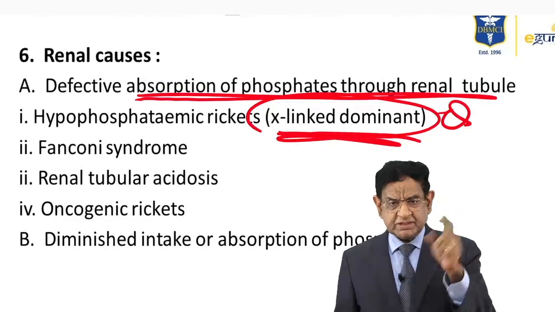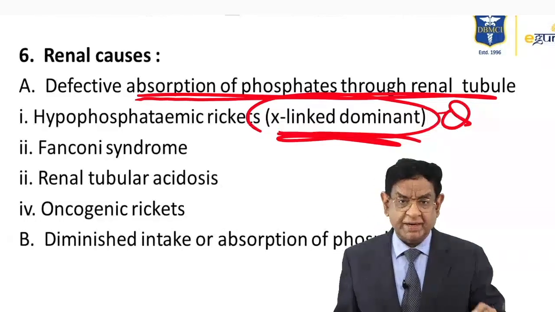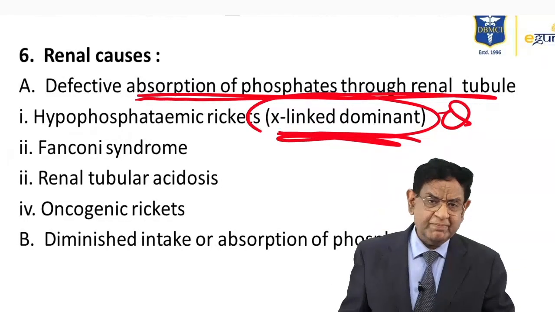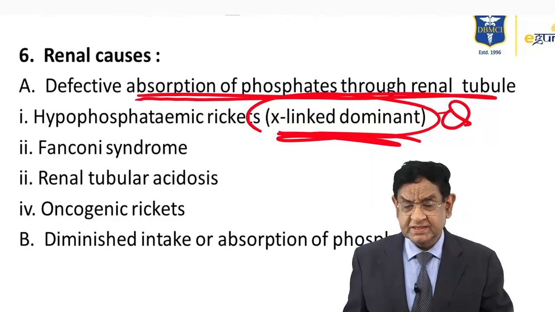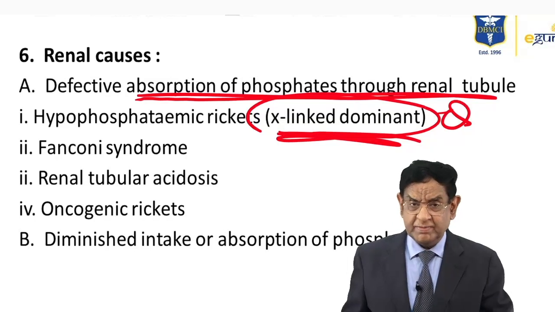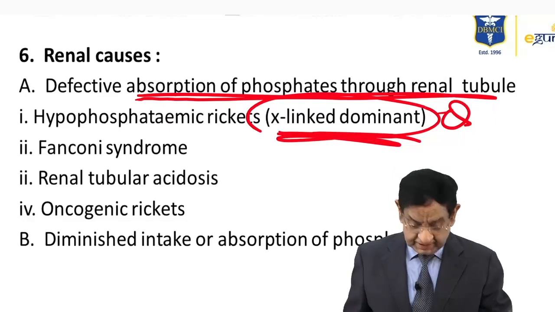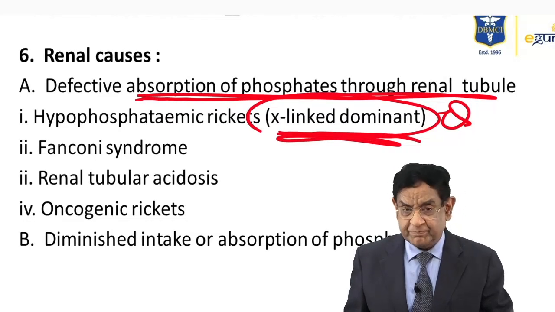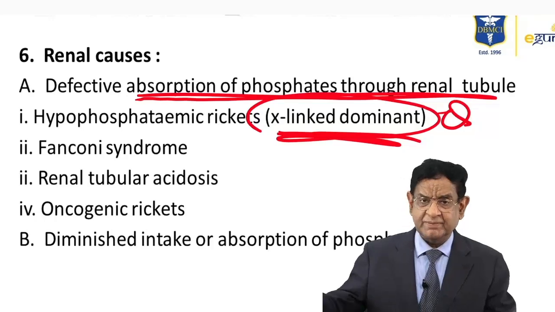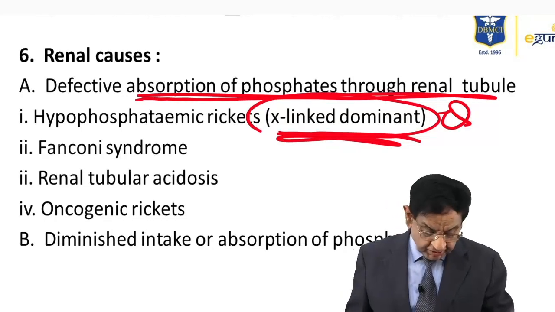As of now, just write down X-linked dominant. We have read about X-linked recessive diseases, but we are talking about X-linked dominant. The question itself comes like this: which of the following is an X-linked dominant condition? That is hypophosphatemic rickets. About this I'll talk in detail later on.